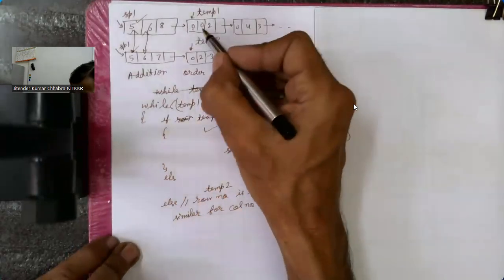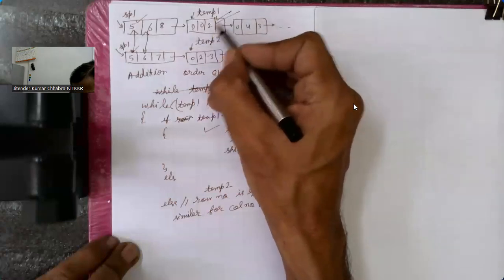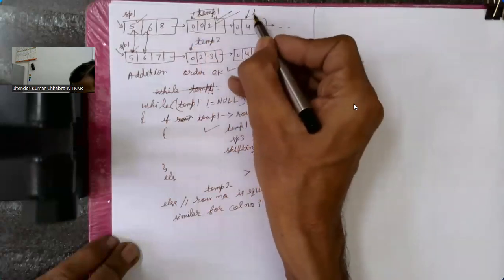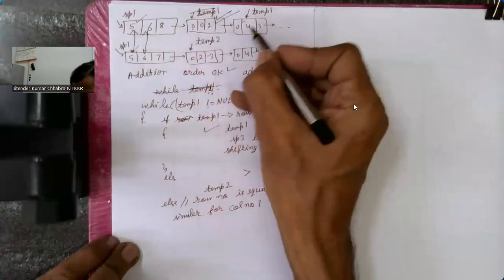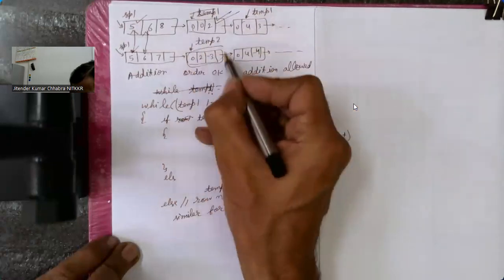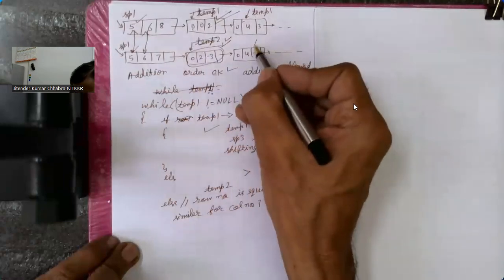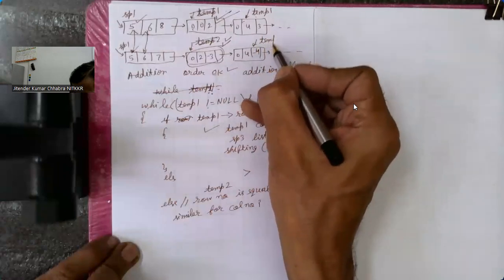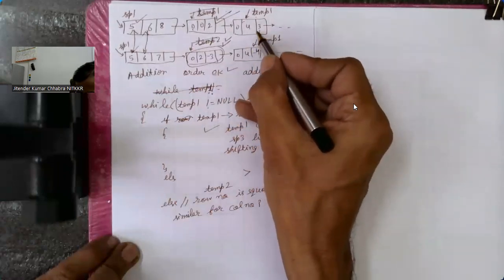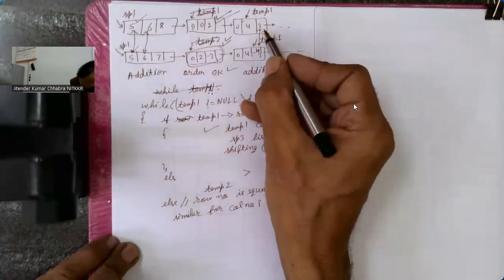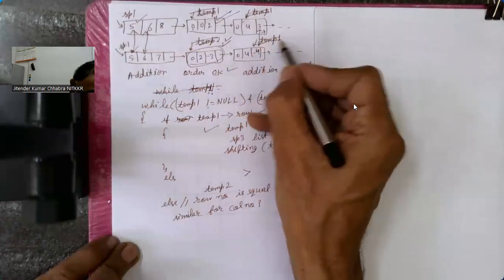So effectively, the first time I'll find this node will be copied as it is and my temp1 will shift. Next time, temp1 versus temp2 comparison. Now this node will be copied as it is and temp2 will shift. Now both have the same row number and column number. They will be added together and a new coefficient or new value will be generated and copied and both will shift.